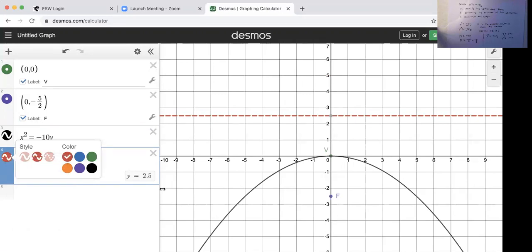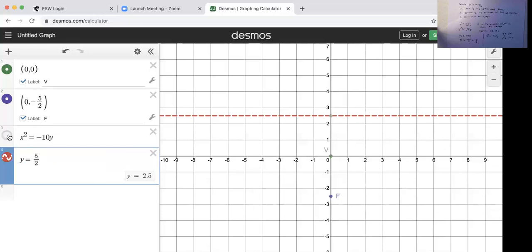Now, can I find some points on this parabola to make it a little easier for me to draw it by hand if I were doing that? If I didn't have this graph, I would say, well, if I go 5 halves, double 5 halves, 5 halves and 5 halves, that's 10 halves.